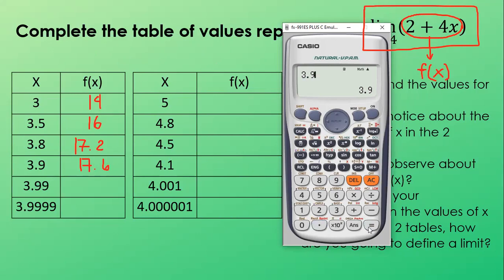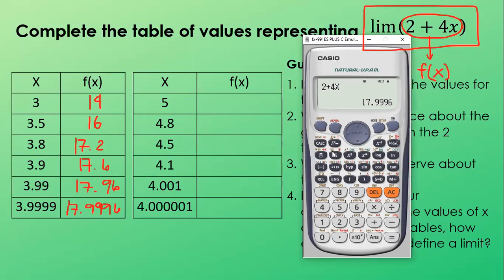If x is 3.99, f of x is 17.96. And lastly, for the first table, if x is 3.9999, that will give us an f of x value of 17.9996.